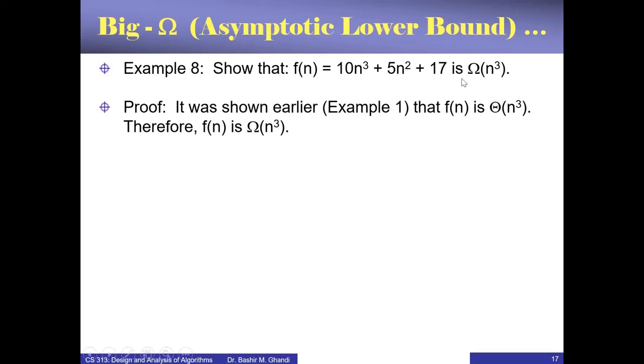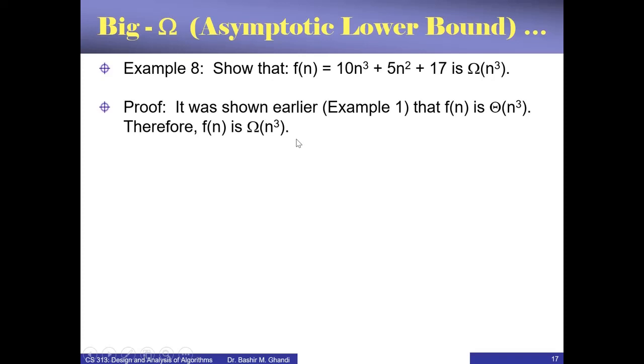So again, like we did for the big O, if you wish, you can refer to example number 1, because that example shows both the inequalities. It was shown earlier in example 1 that f(n) is theta of n cubed. Therefore, f(n) is big omega of n cubed.